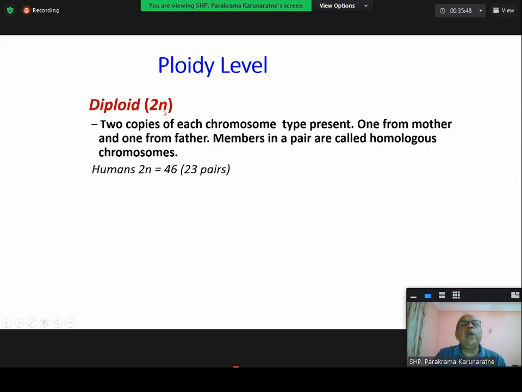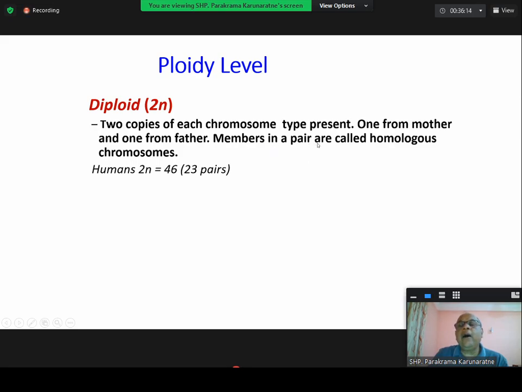Diploid means you get two of each type. That means what I showed you in the human cell, 23 types, but two from each type. So altogether 46, 23 pairs. So diploid means two copies of each chromosome type present. One from mother and one from father.